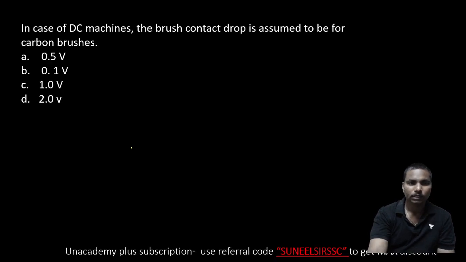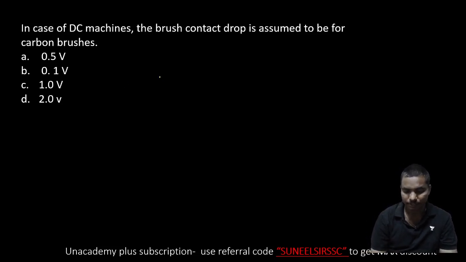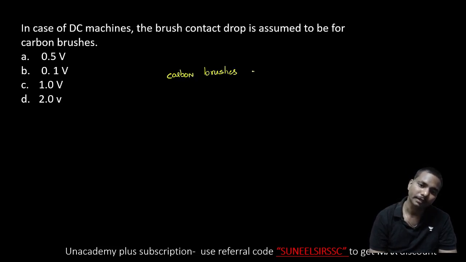Coming to the next one. In a DC machine, the brush contact drop is assumed to be what for carbon brushes? If you use carbon brushes, generally we take 2 volts as the brush drop, irrespective of the number of brushes.